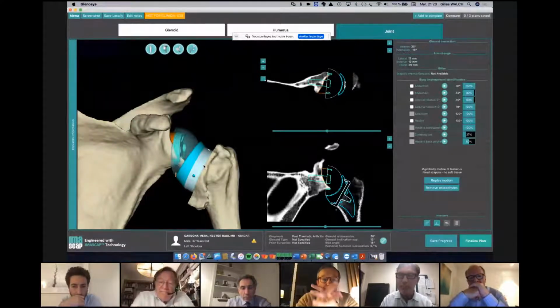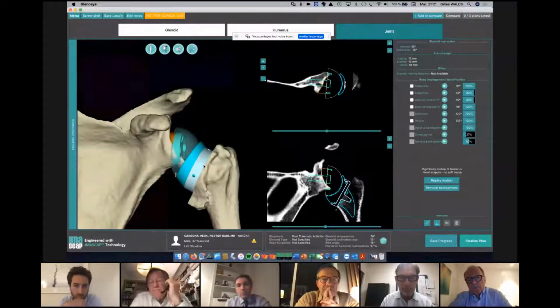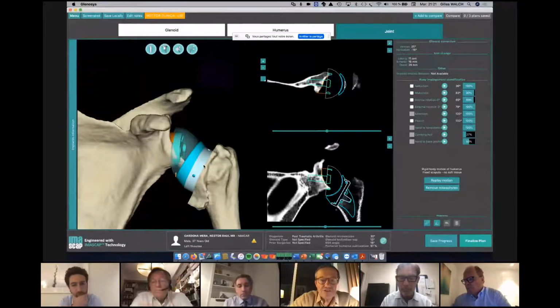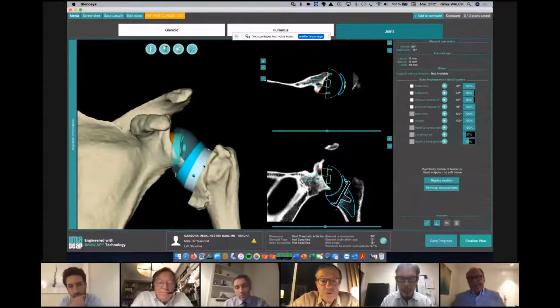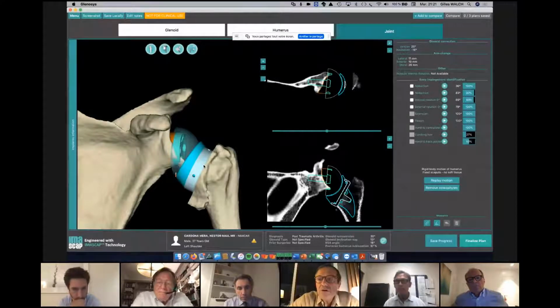But I fully agree that in this case, I lateralize the glenoid, we said 5 millimeter in the center, and we use only prosthesis, which is also a cause for humeral lateralization. And at the end of the day, I will have probably higher global lateralization than with an inlay prosthesis.